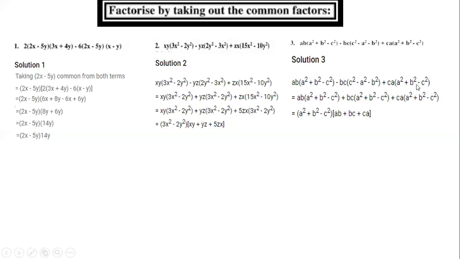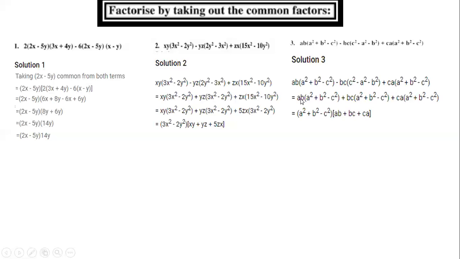In first and third, c is having negative and a and b have positive sign. So here we have to change the signs. That means again take out negative common. If negative comes out, then this minus a² and minus b² will become positive and c² will become negative.